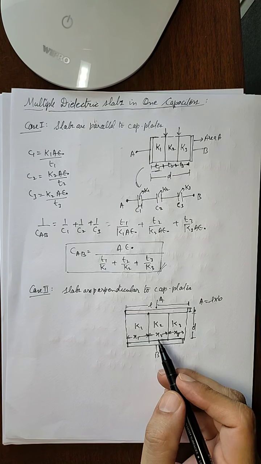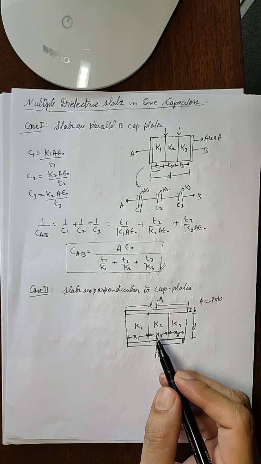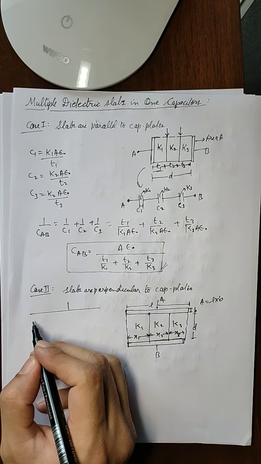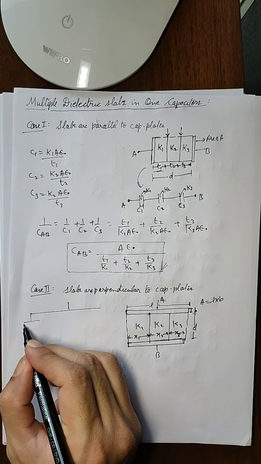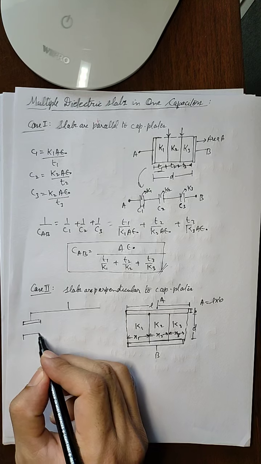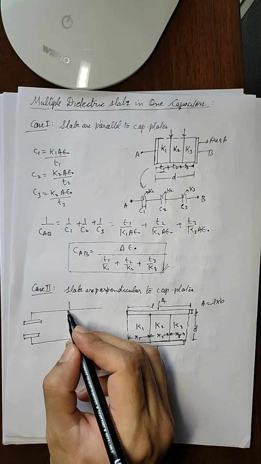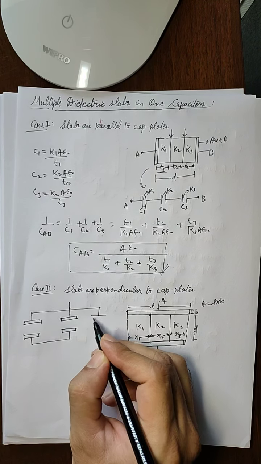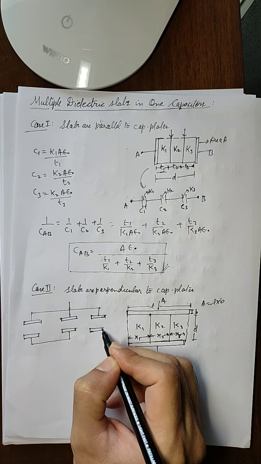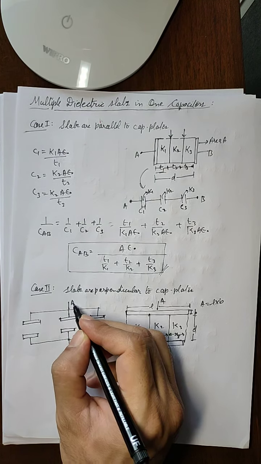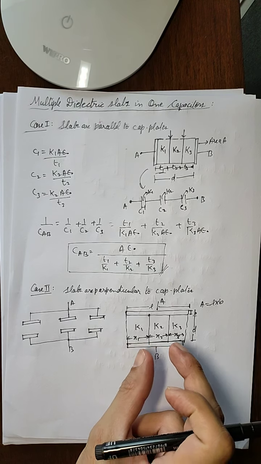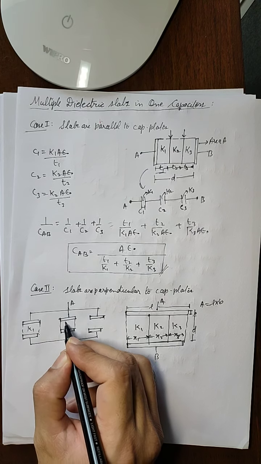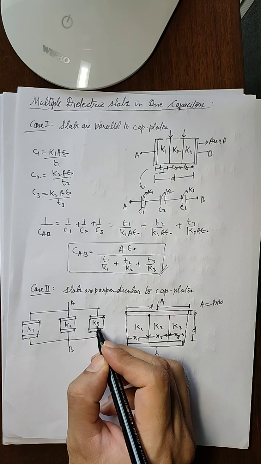When we solve this, if you look carefully at this diagram, these will be the capacitor plates, and these will be terminals A and B, and each part is taken separately. This will be filled by dielectric K1, this by K2, and this will be filled by K3.